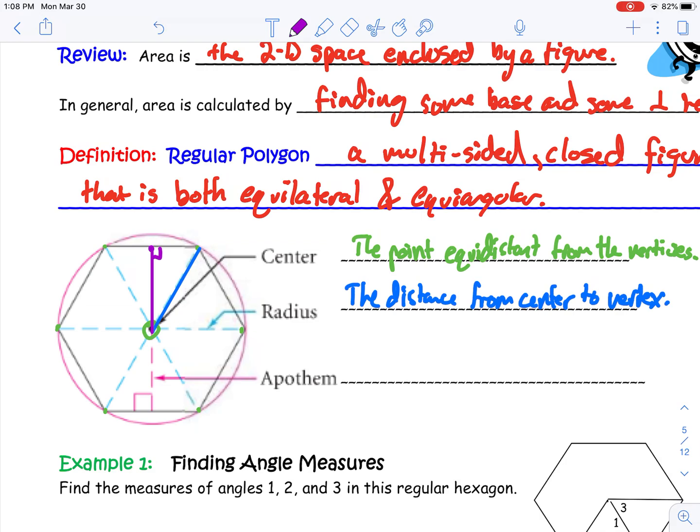But the distance from the center to the edge that's the shortest is called the apothem. It sounds kind of like you're saying possum with a lisp. The apothem. This is the distance from the center to the side of the polygon.